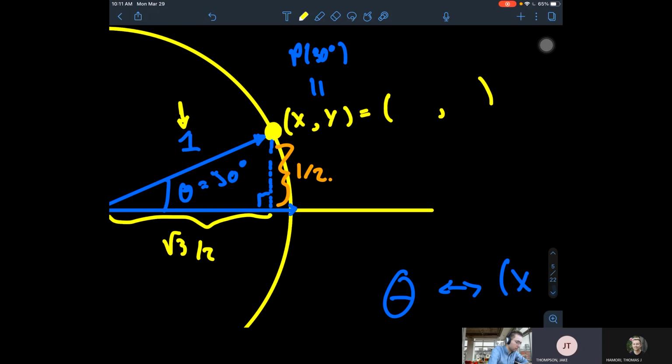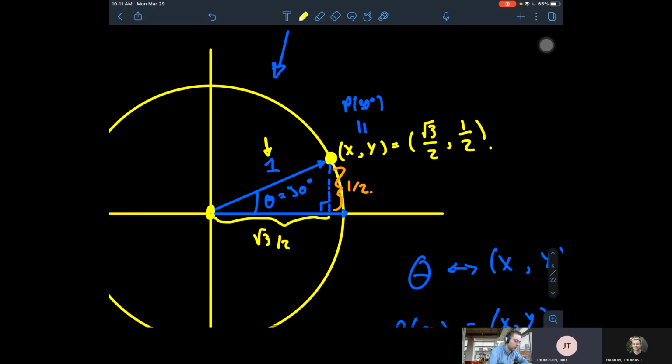The coordinates would be square root of 3 over 2 for x, and 1 over 2 for y. Exactly. So this is how we used a 30, 60, 90 triangle to figure out what the point is on the unit circle, which gets pointed to by a 30-degree angle.